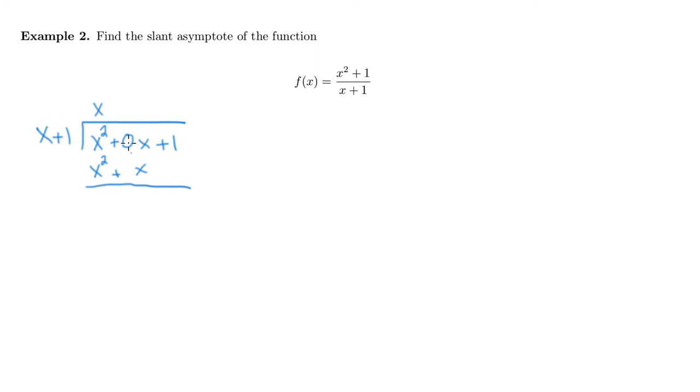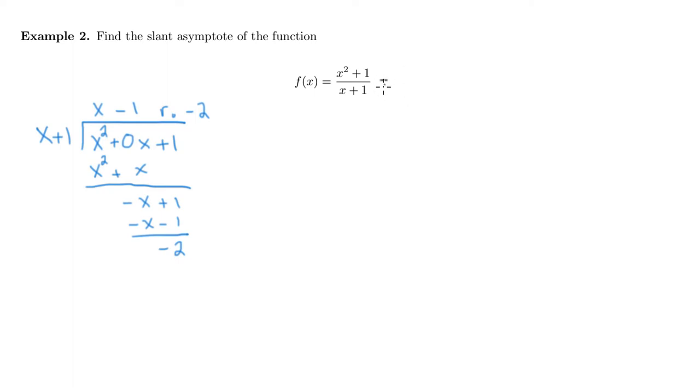So that's 0, and then we have minus x, and then plus 1. Okay, and then x plus 1 goes into minus x plus 1 minus 1 time, and then we get minus x minus 1. Subtract, we'll get negative 2. x does not go into negative 2, so then we have a remainder of negative 2.